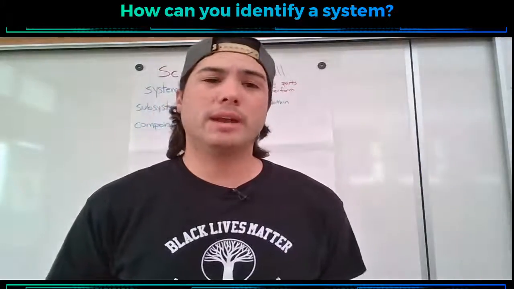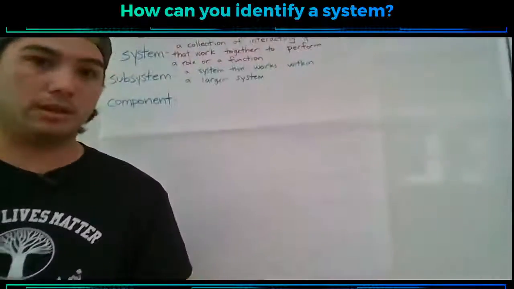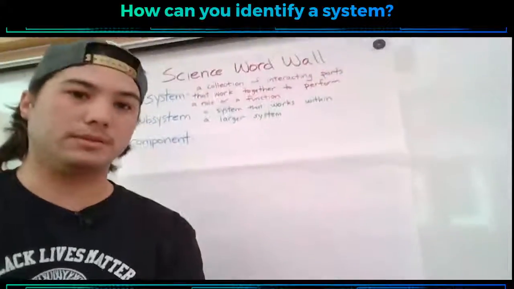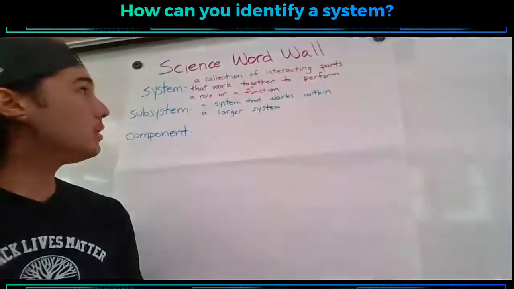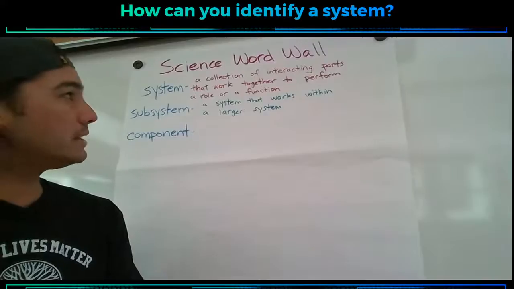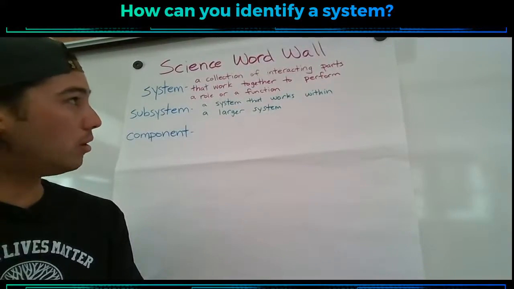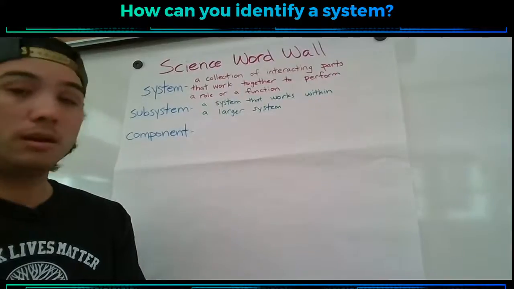So thinking about a system, and here's the start to our word wall. Our science word wall says this: a system is a collection of interacting parts that work together to perform a role or a function. I'll read that one more time.